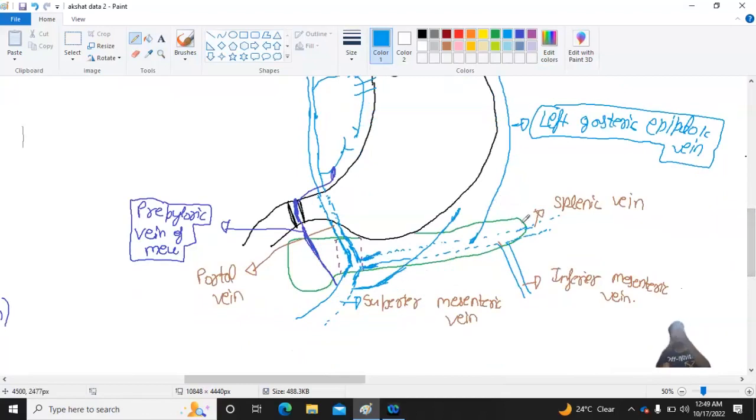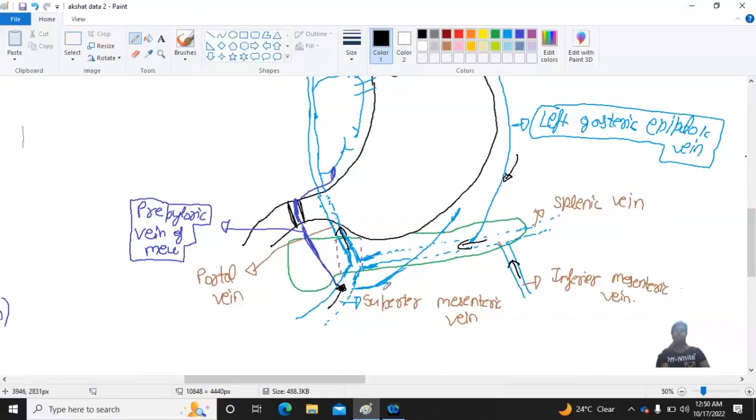Basically, these are the tributaries. Veins collect the blood from the circulation and then drain into the heart. So these are the tributaries which drain into the splenic vein, and one drains into the superior mesenteric vein. Then these drain into the portal vein. The circulation is like this. Remember, this is the direction of blood flow.